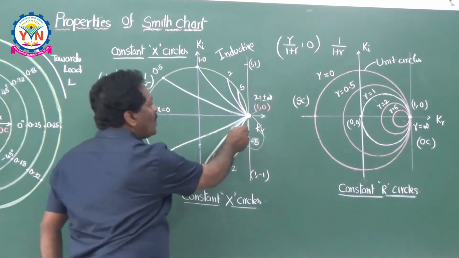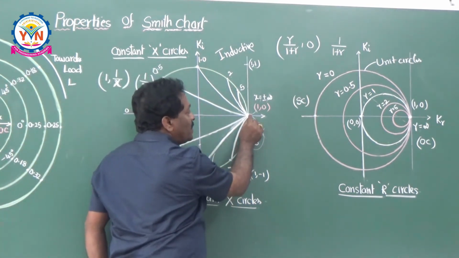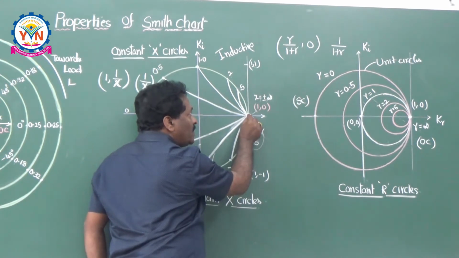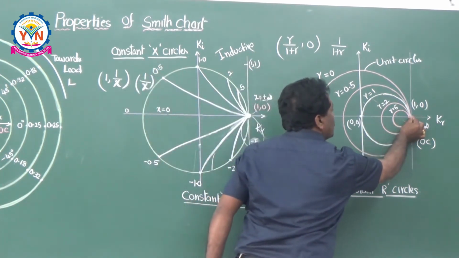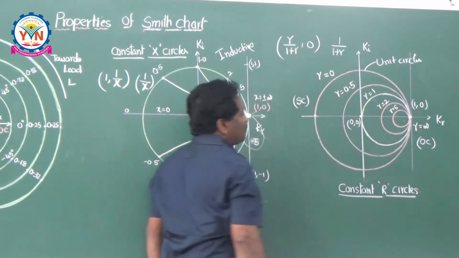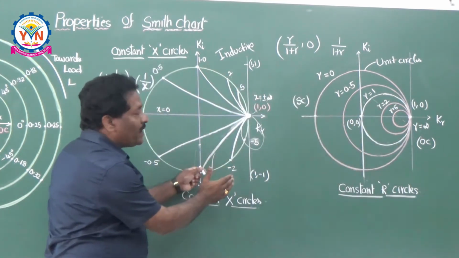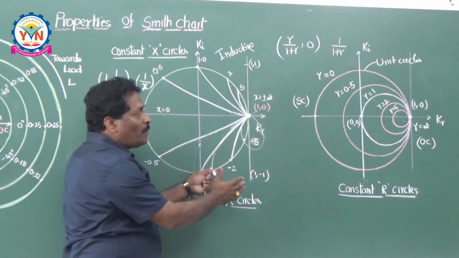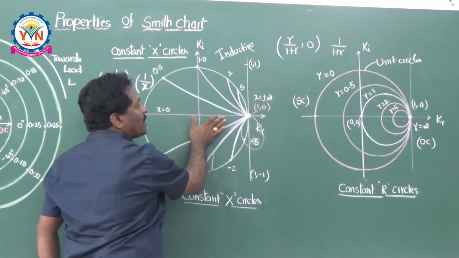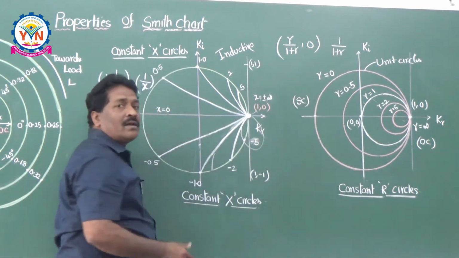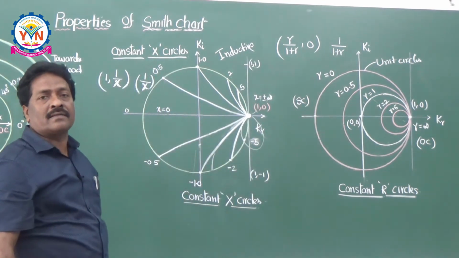What you have to observe here is that the 1, 0 point is where every circle originates, and it is the common point for all these circles. If you want to prepare the Smith chart, superimpose these R circles on this one. Then you get the complete Smith chart, which was already explained in the previous class.